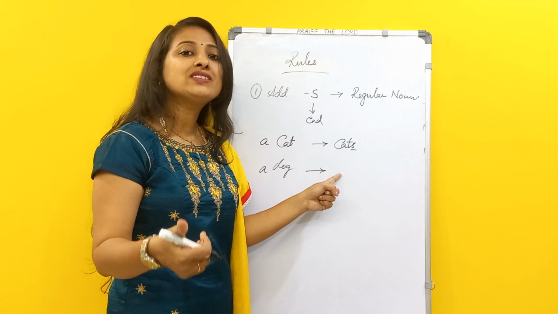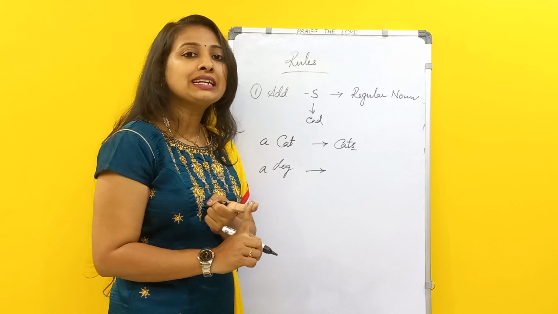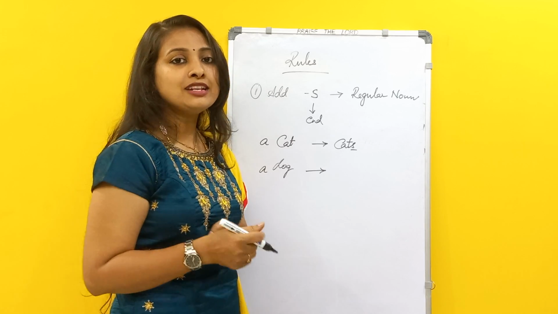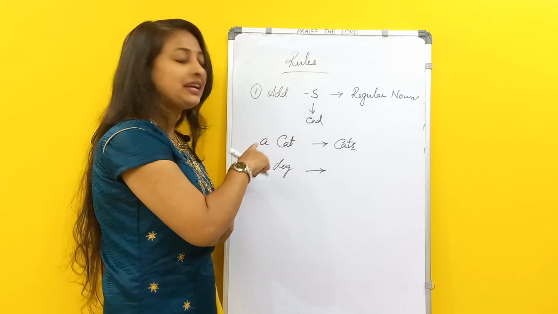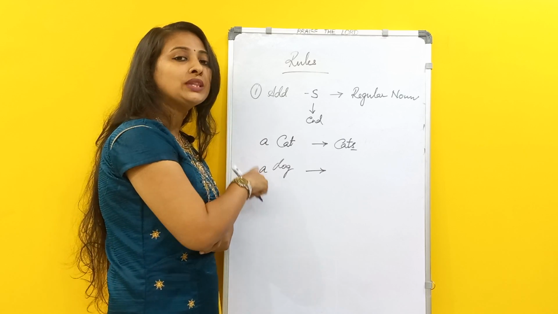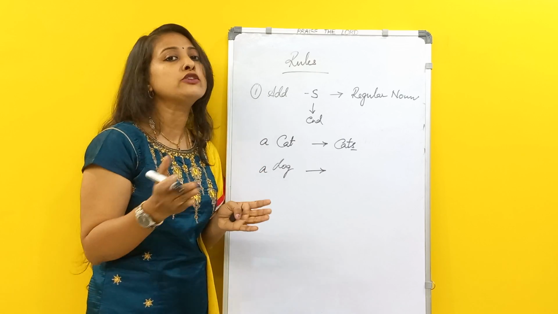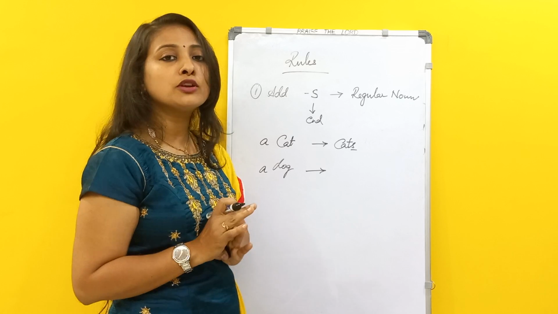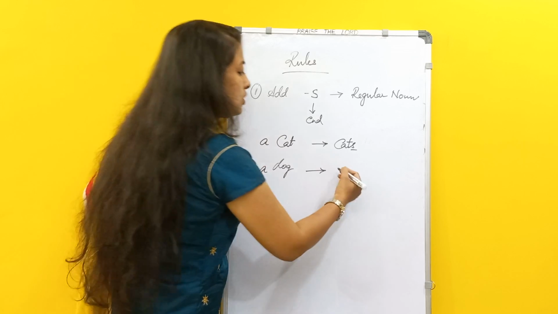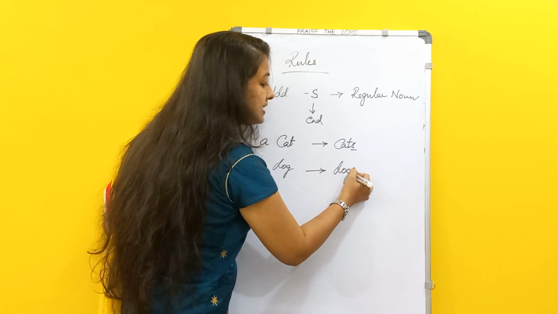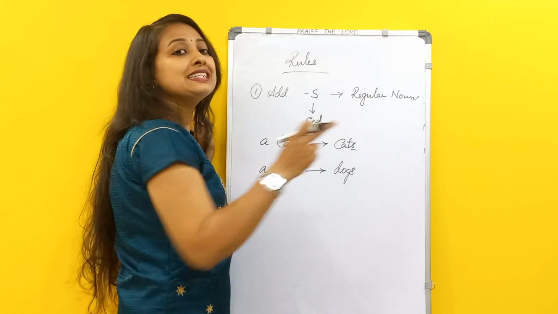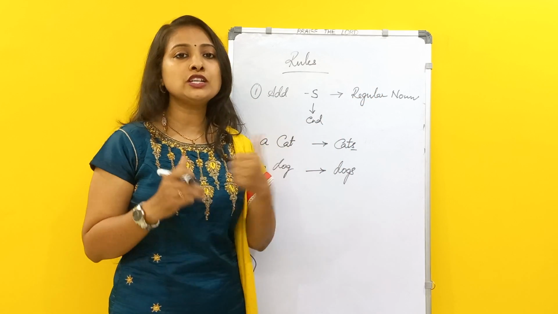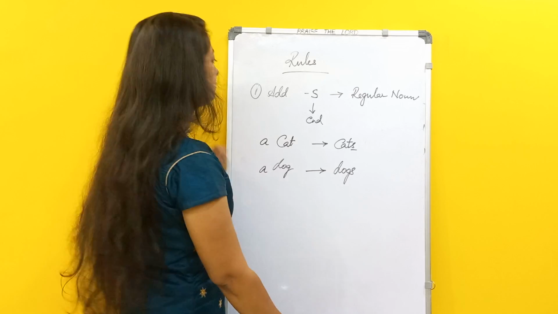No articles will come for plurals, right? Only for a singular noun will you be dealing with articles. A or an will come in front of a singular noun, not before a plural noun, right? So this will become dogs. This is the case with general regular nouns.